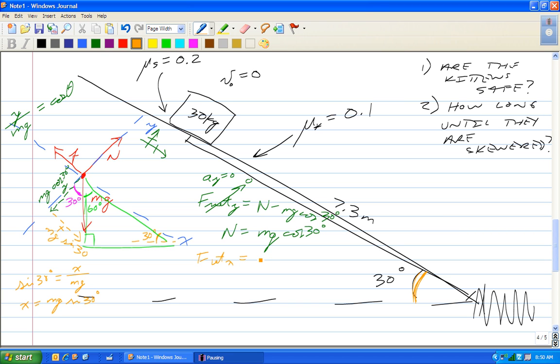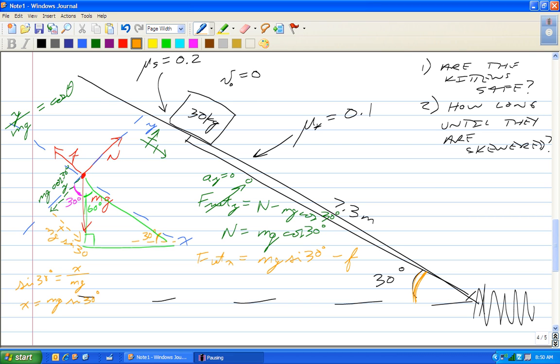F-net x equals F friction. Good. mg sine theta, which is 30, minus friction. Now, if there's no acceleration, then friction must be what?